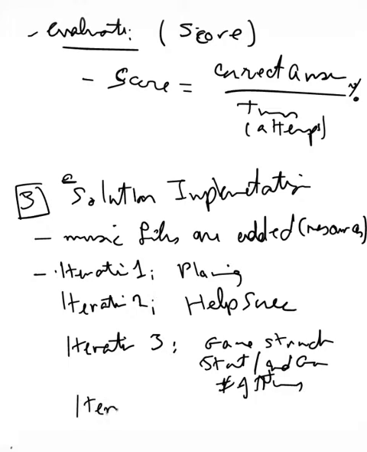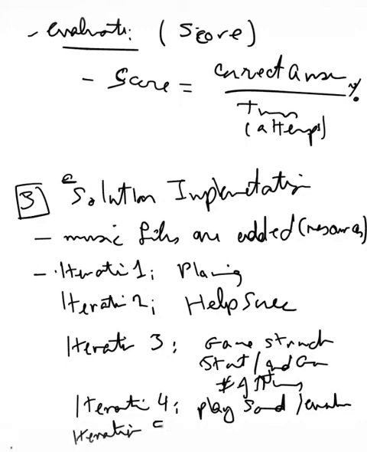Then in iteration 4, we're going to actually play a game, like play the sound and evaluate. And then in iteration 5, we're going to do the statistics, calculate the score and build the statistics.